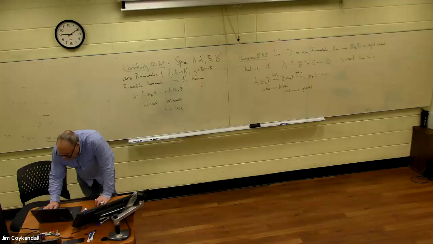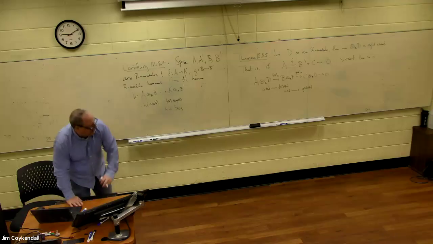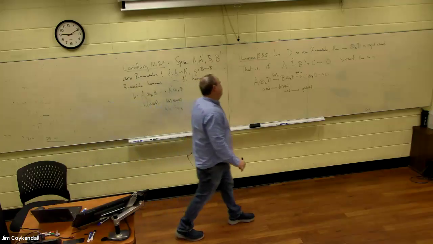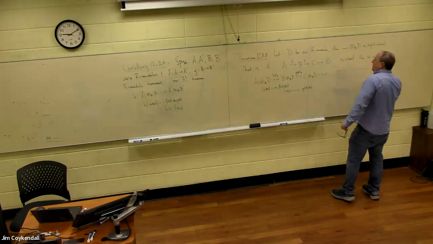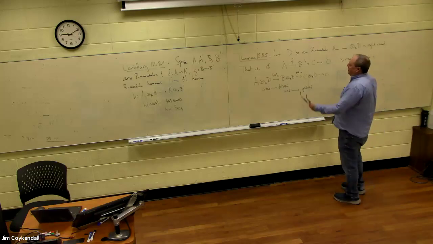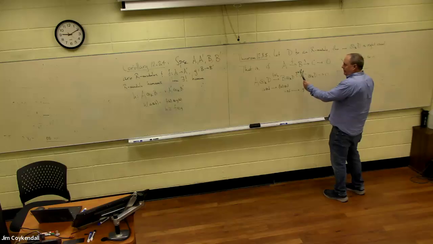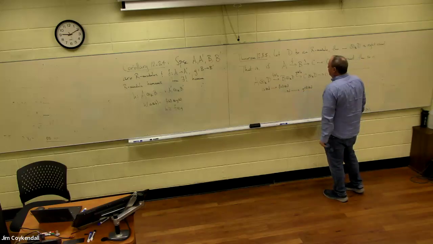I give a proof of this in the notes, but I just want to point out that, as is usual, the difficult part of the proof is showing that the kernel of this is contained in the image of this.